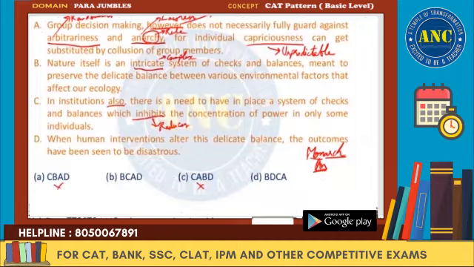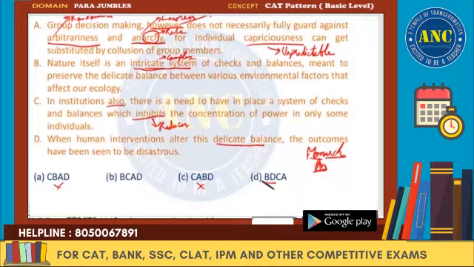So this word however is a good grammatical clue for us. Collusion is teaming up of group members. So here you're talking about delicate balance, right? So here you're talking about intricate, complex set of balances. So you can say that B and D seem to make sense.